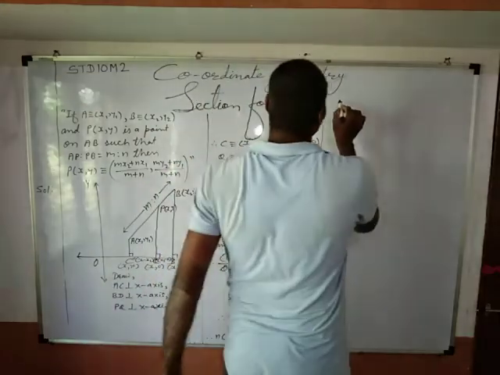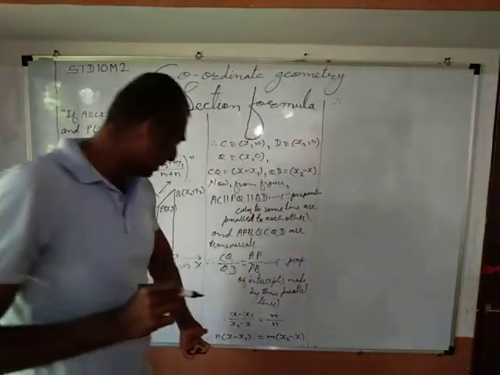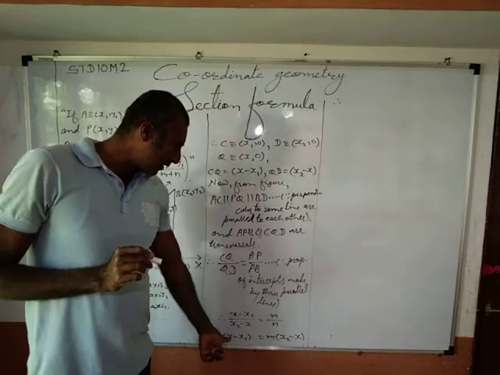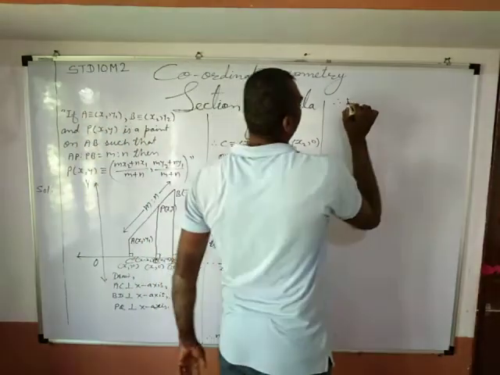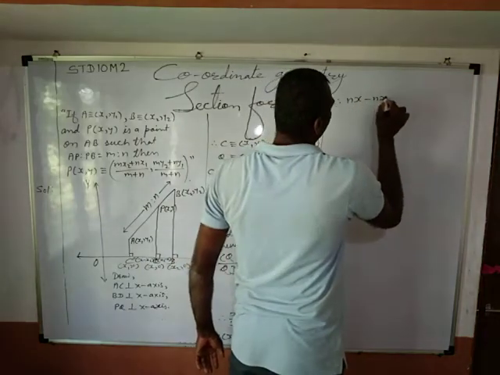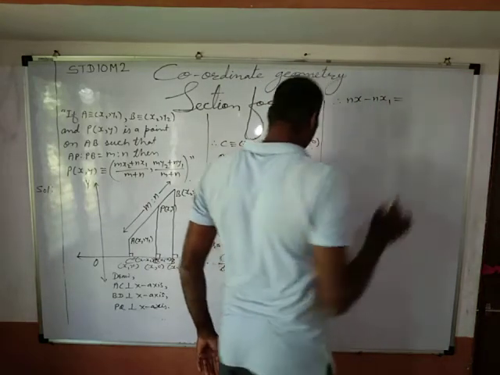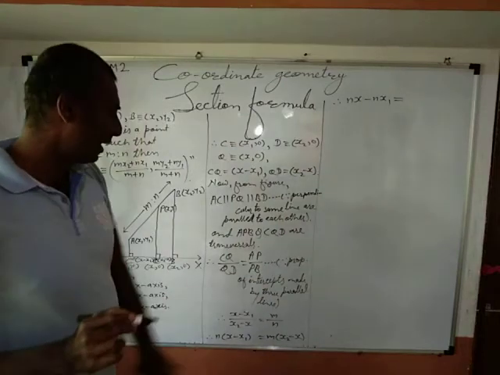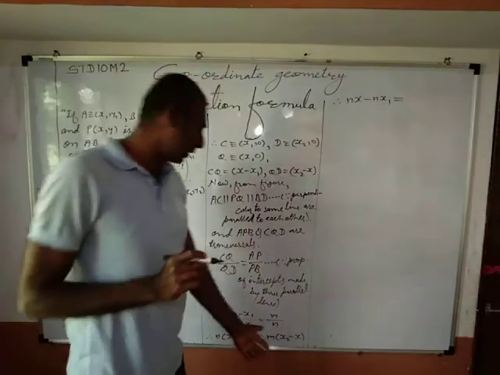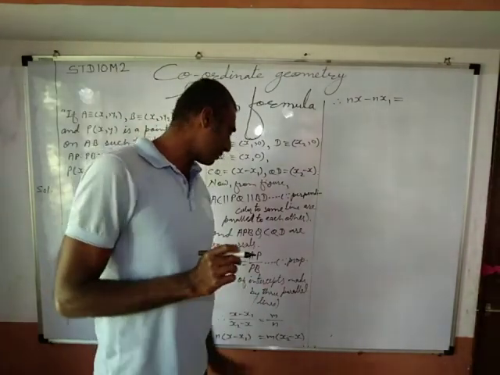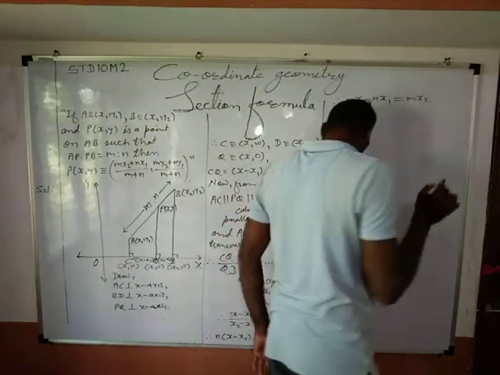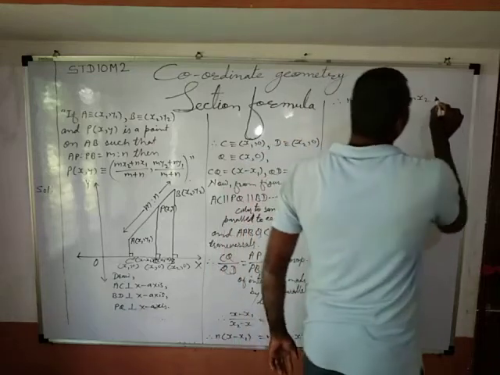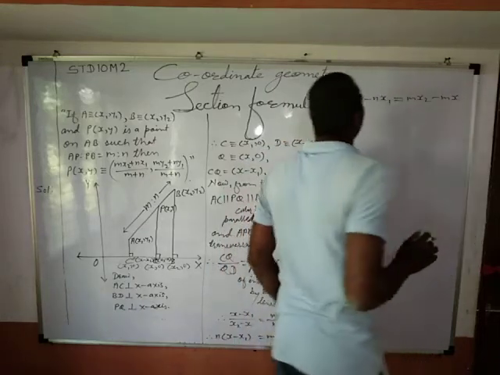On simplification, n will be multiplied with each and every bracketed term. It gives nx minus nx1 equals m multiplied with x2 as well as minus x, means it will give mx2 minus mx.